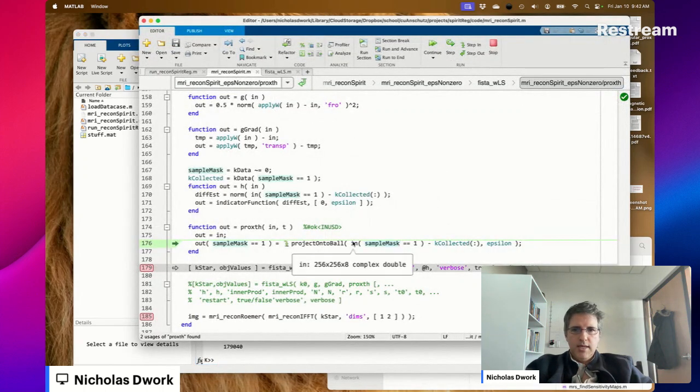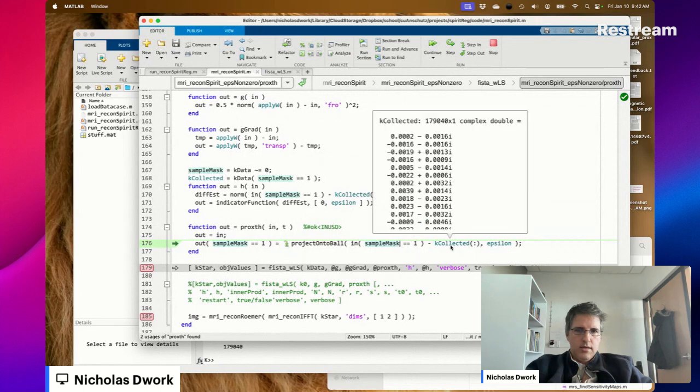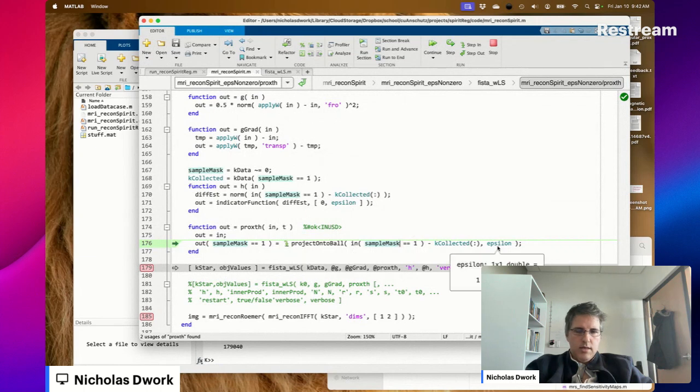What size is in here? Okay. Epsilon is 1. This is going to project onto the ball.